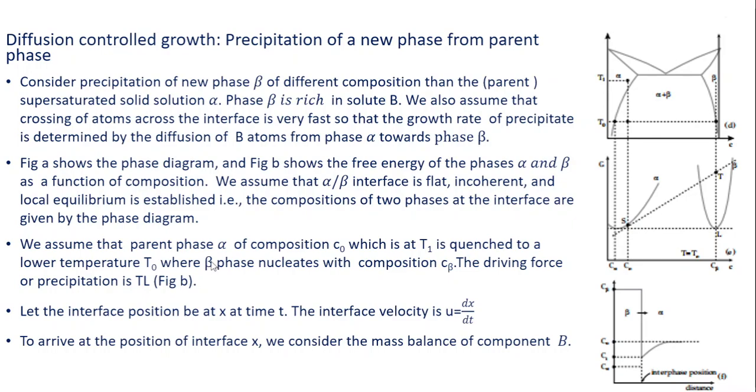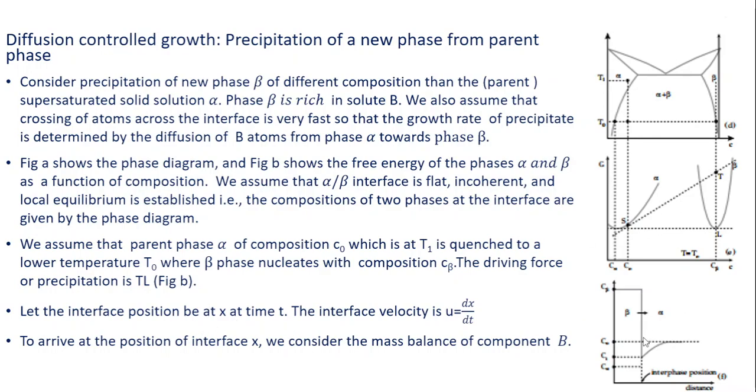We assume that the parent phase alpha of composition C0, which is at T1, is quenched to a lower temperature T0, where beta phase nucleates to the composition C beta. So this is the C beta composition. Let the interface position be at x at time t.